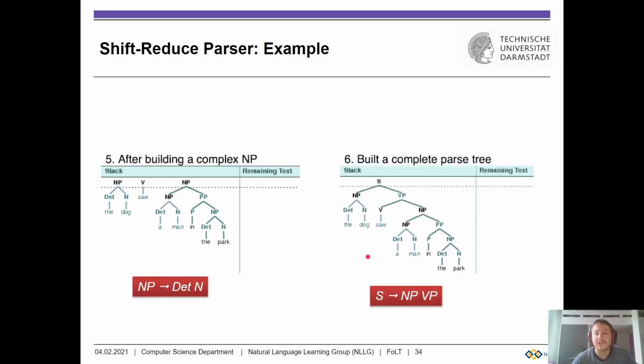So we store the complete tree while we are doing our reduce operations. Okay, so not only have we consumed all the input and have left the symbol S on top of the stack, but we've also stored our whole tree while we were doing those operations. So now we have available the complete parse tree.